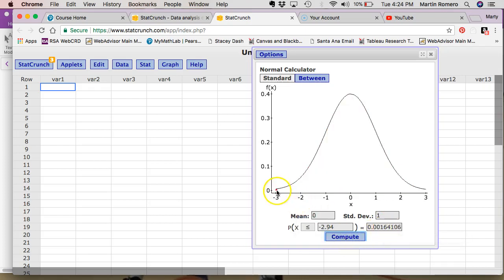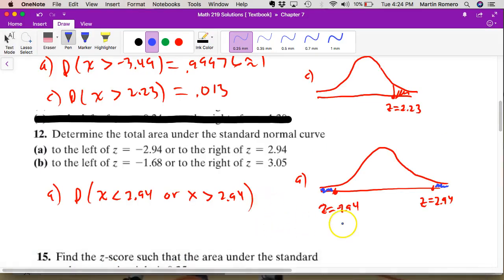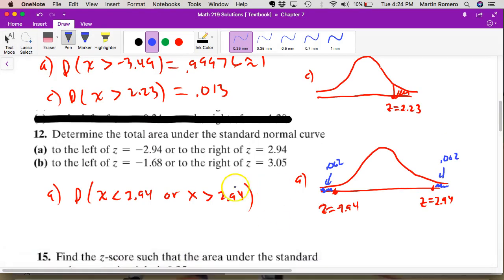They're equivalent, symmetric, so we are going to get the same answer. Again, I rounded to 3 decimals looking at the answer. So the area of those two is going to be 0.004.